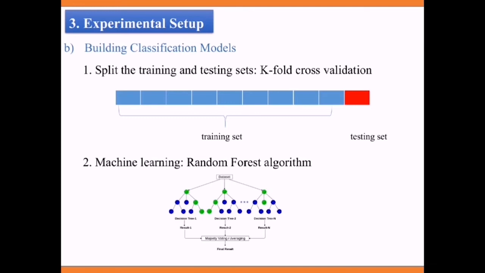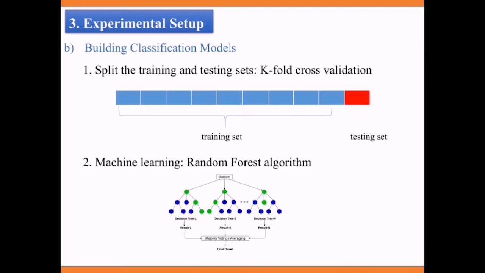Then each fold of the data is used as a test set, and the remaining k-1 folds are used as the training set. Finally, the average value of the k prediction results is used as the final prediction performance.